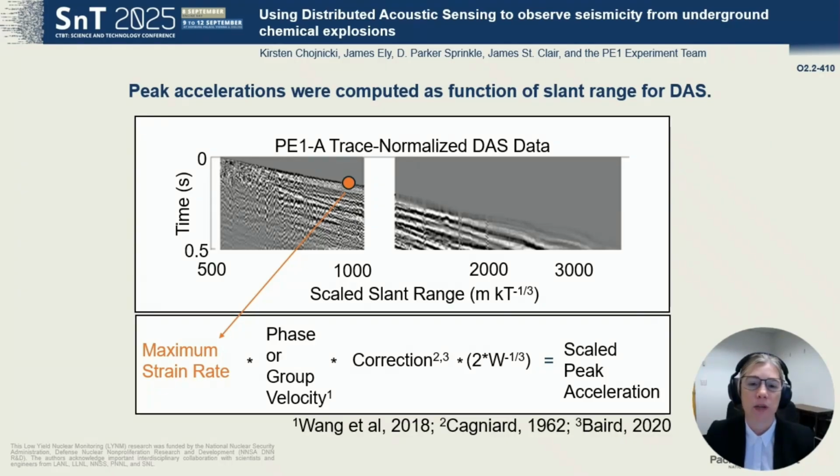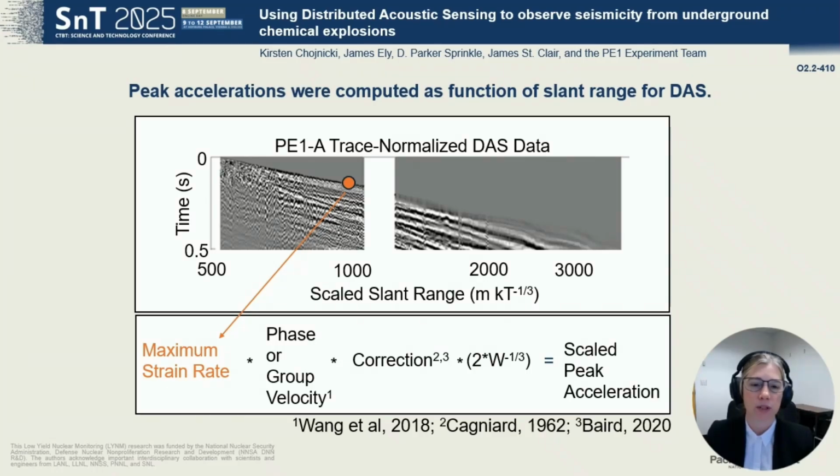To enable meaningful comparison of the results, we calculated peak scaled accelerations from the DAS data as a function of scaled range for each event. We identified the maximum strain rate at each location along the fiber and then multiplied that value by the phase or the group velocity derived from the data to compute a peak acceleration, and then applied additional corrections and scaling adjustments.